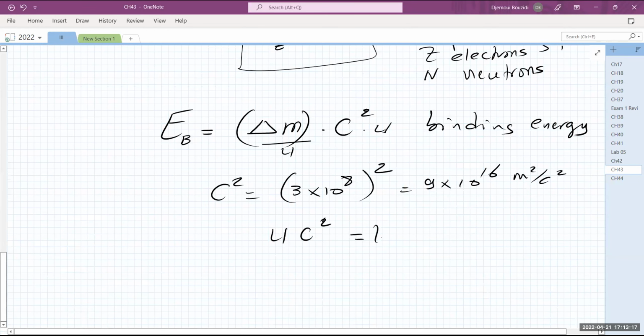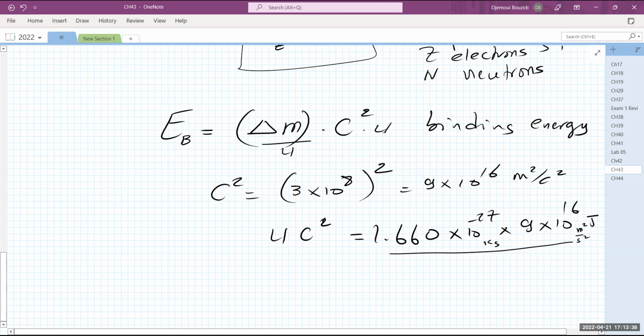Okay, so it's that number, 1.660 times 10 to the negative 27, times 9 times 10 to the power 16. And this is going to be an energy now in joules, because this one is in kilogram and this one is in meter squared per second squared, and everything is going to be in joules, except that I don't want it to be in joule.